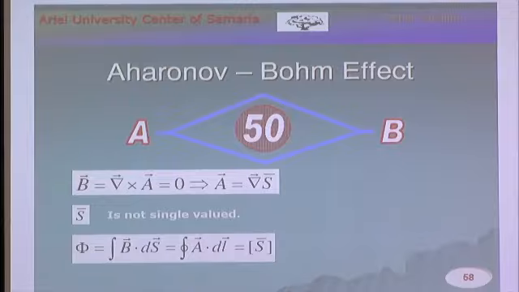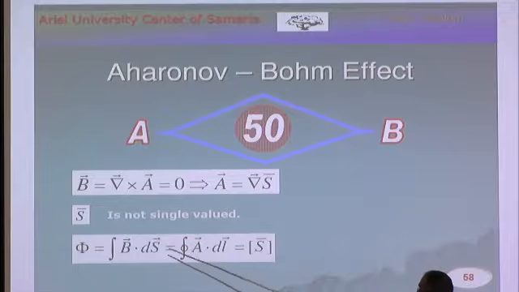Let's look at the magnetic field outside the confined region. There the magnetic field is null, and this means that the vector potential is a gradient of some function S, but since it's not a simply connected domain, S need not be single valued, and it is not single valued. You can calculate the magnetic flux using Stokes' theorem.